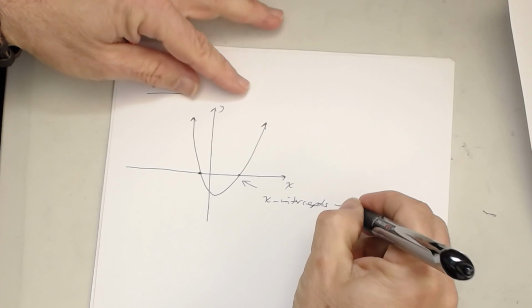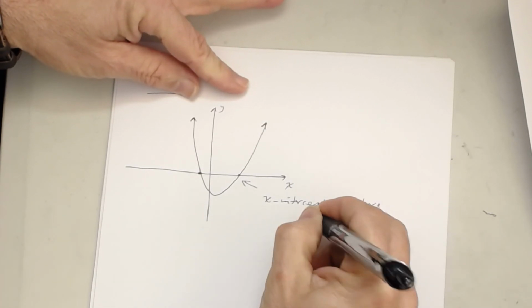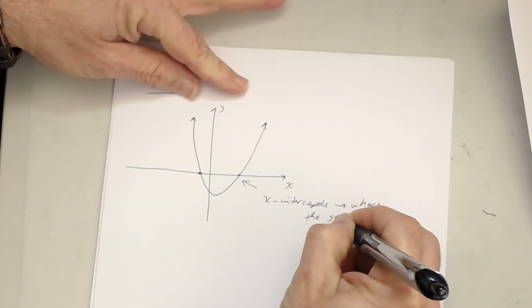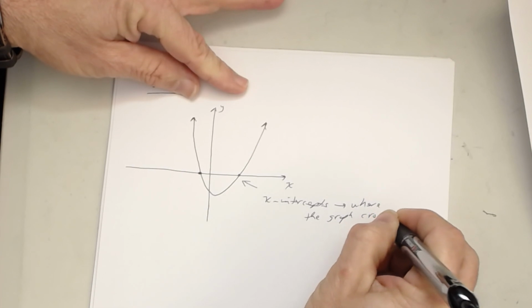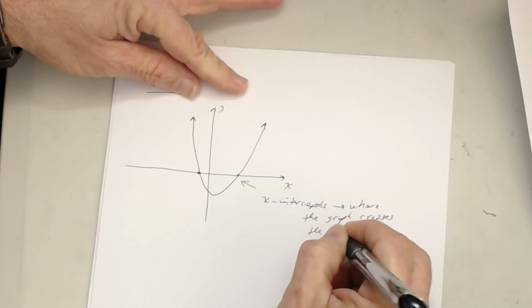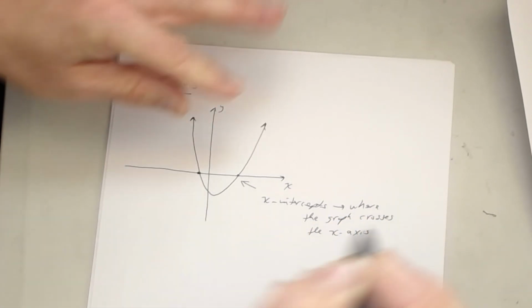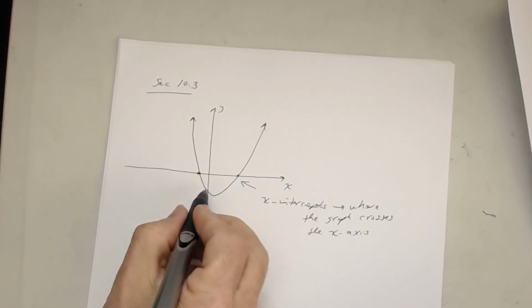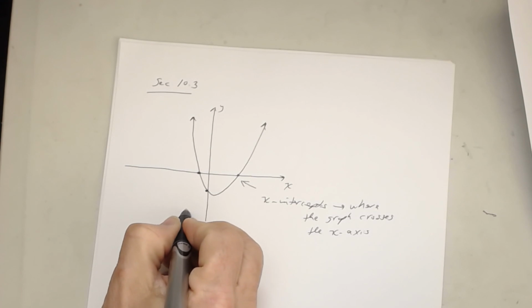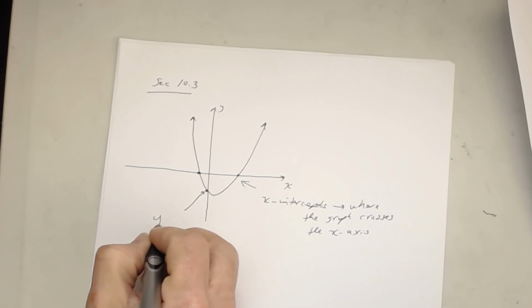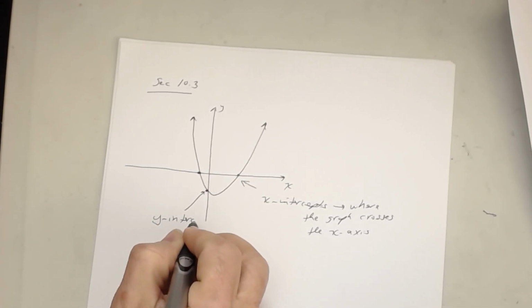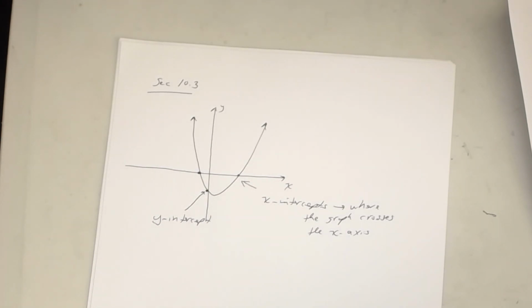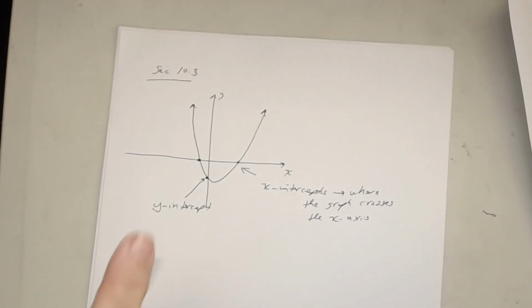Cross the x-axis. All right, now, so what do you think this right here would be called? The y-intercept. Because that's where the graph crosses the y-axis.